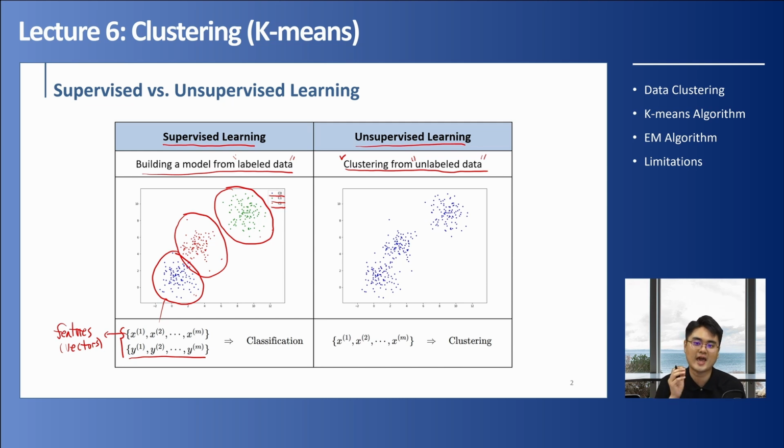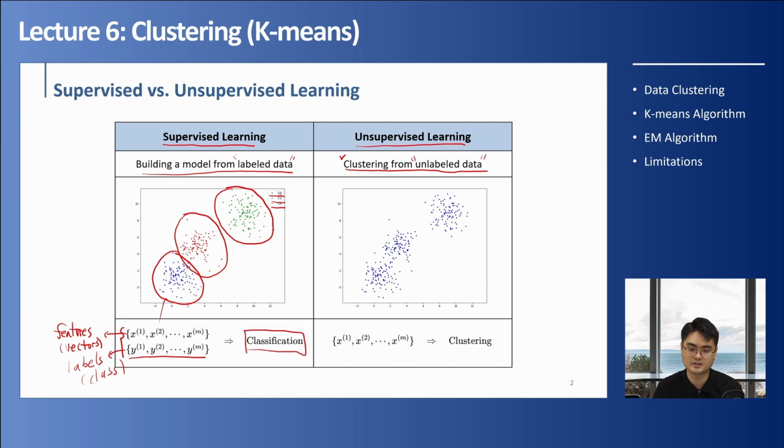In supervised learning, these Y's are the labels, which are classes in this example: C0, C1, C2. We know the class for each data point inside our data. So based on these data, we can learn a model to do some classification problem.